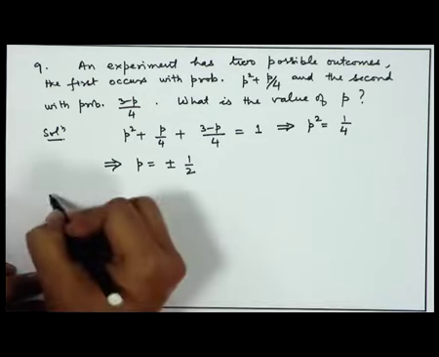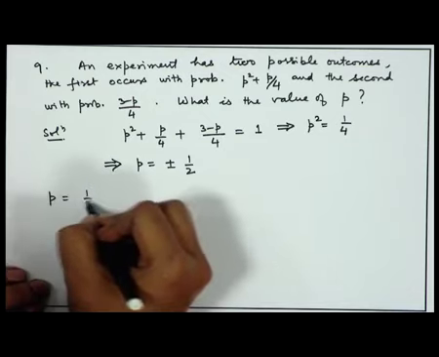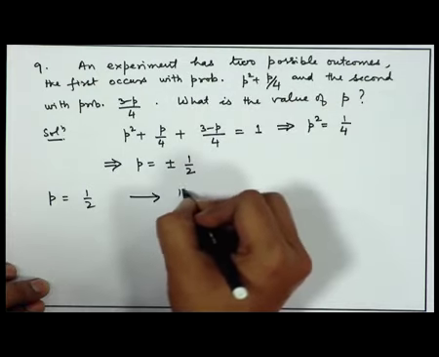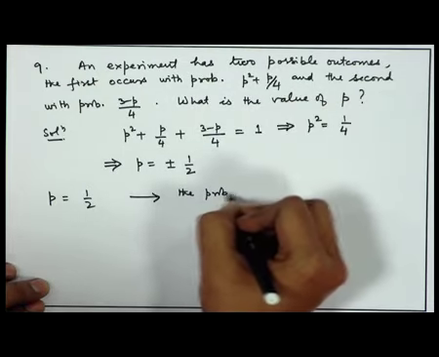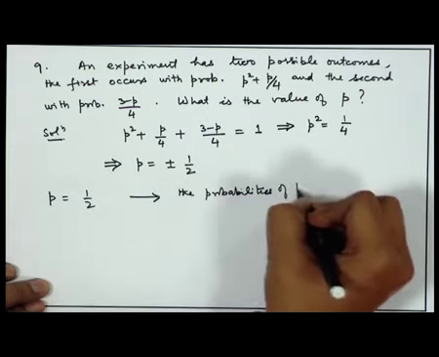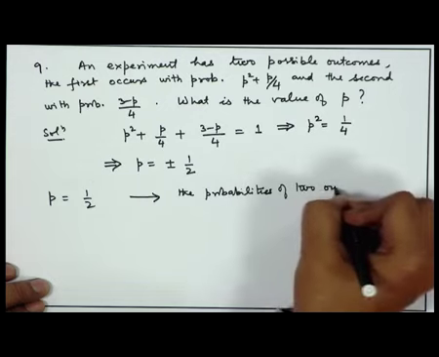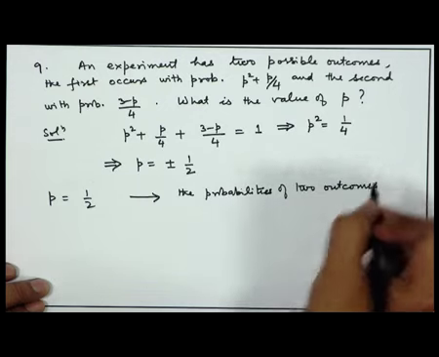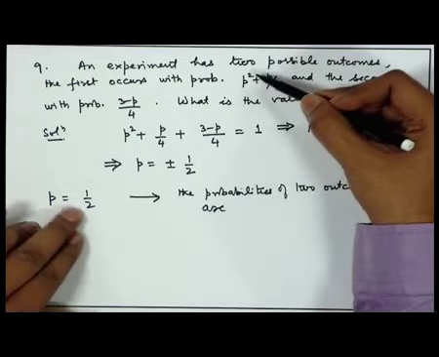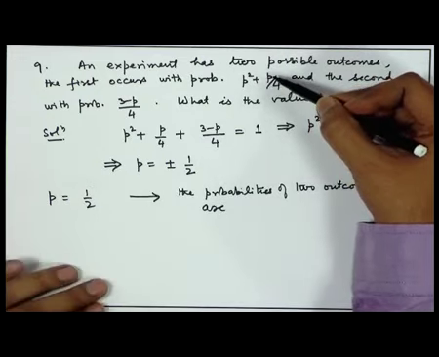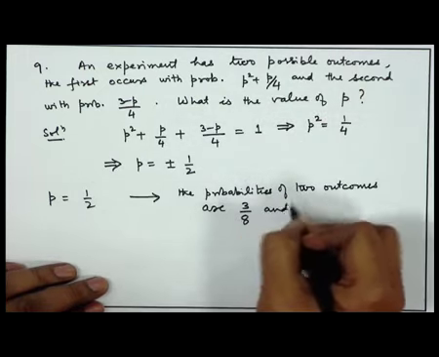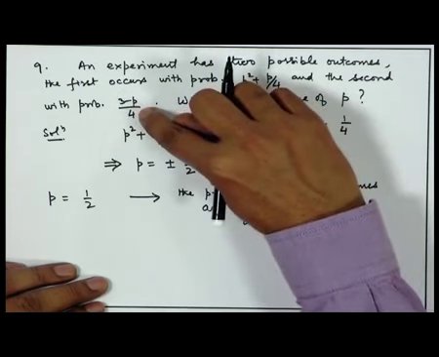If I take p is equal to plus half, then the probabilities of two outcomes will be, if I put p is equal to half, this will give me 1 by 4 plus 1 by 8, that is 3 by 8, and the second value is 3 minus p by 4.